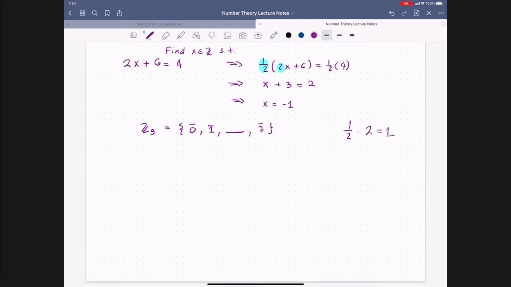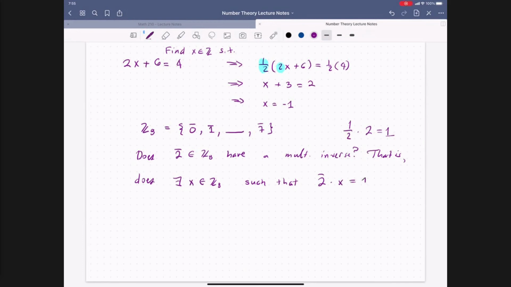So we could ask the following. Does 2 in Z8 have a multiplicative inverse? That is, does there exist some number x in Z8, the integers modulo 8, such that 2 times x is equal to 1?